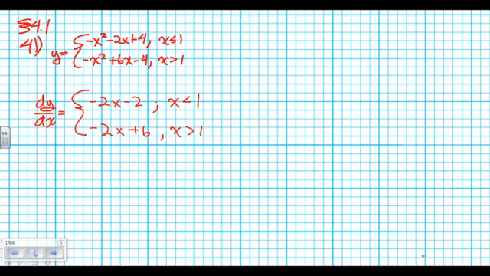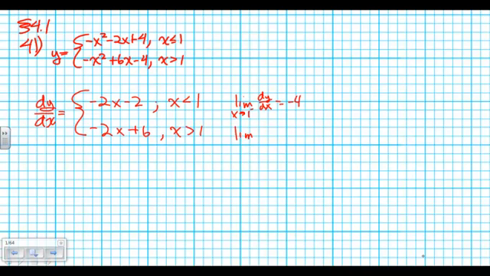And now my question is, what is the limit of the derivative as I get closer and closer to 1 from the negative side? As I get closer and closer to 1 on the negative side, this looks like it's going to be -4. As I get closer and closer to 1, -2 minus 2 ends up being -4.